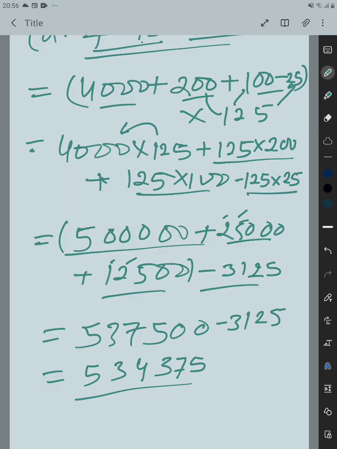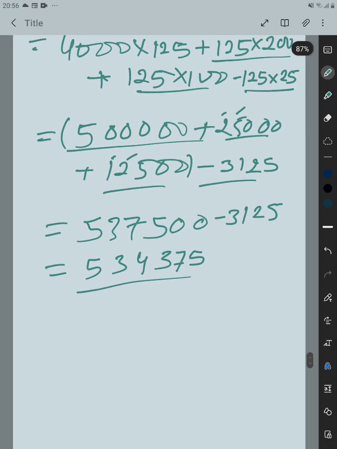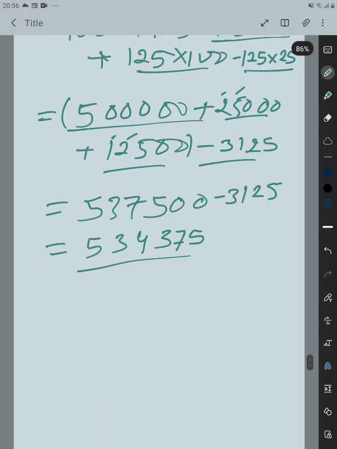Now we have a very quick, faster way of doing this, that we have studied in the pattern. In the pattern that we have studied, we'll try to tell you how you can solve it very quickly. Let's do whatever is possible.